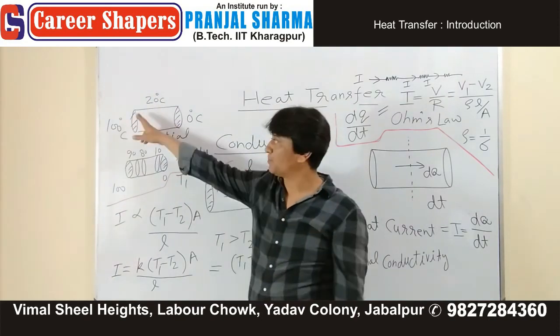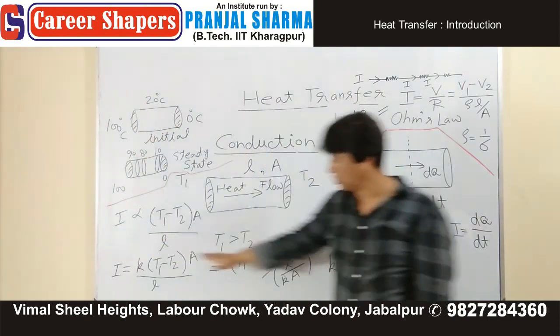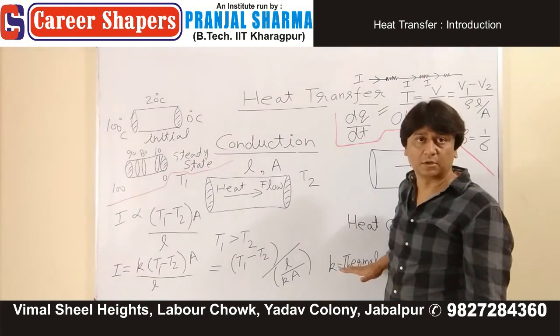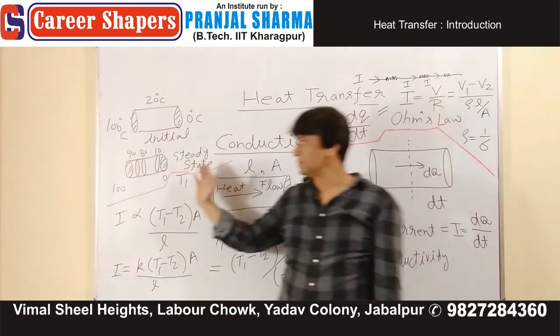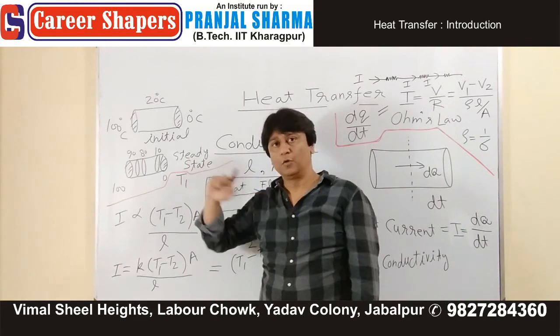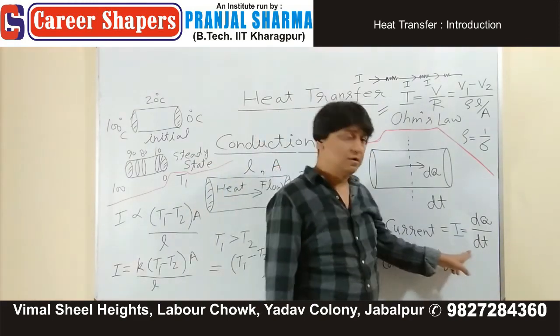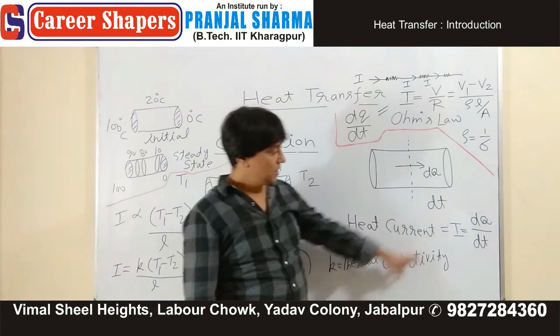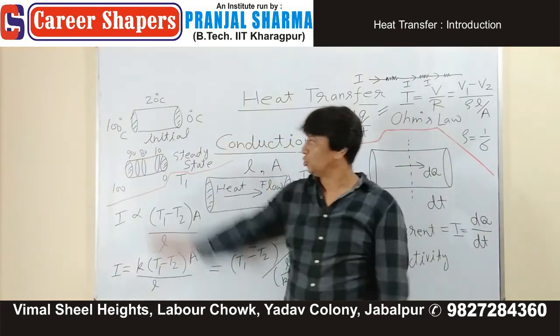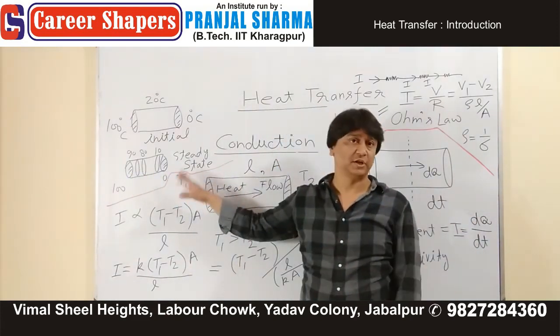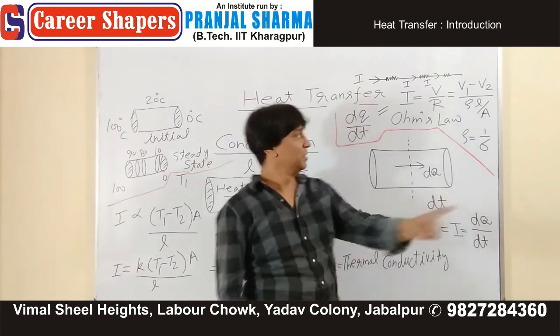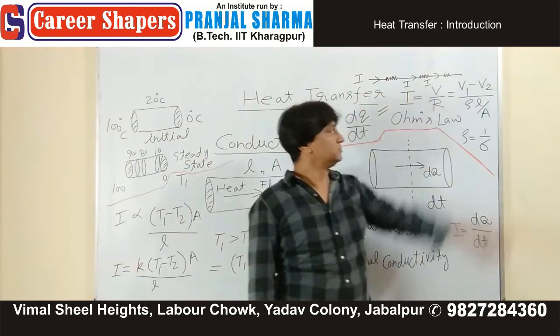So at that point, we do not use this. Only when things are at steady state, we'll be using and say that this thermal current or heat current dQ by dt through each and every cross section is same, which is similar to this.